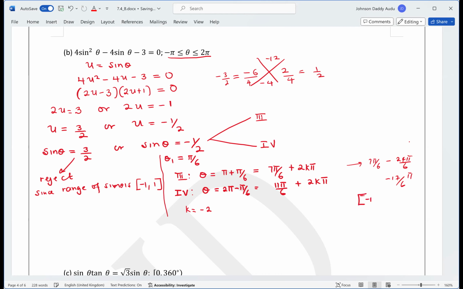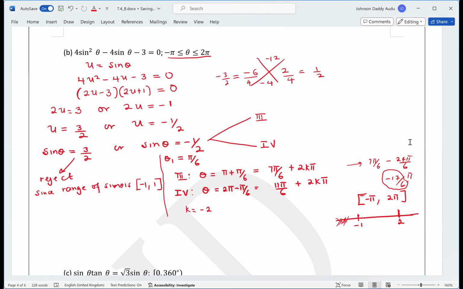The range we have is minus pi to 2 pi, right? So just consider it on a number line. The coefficient of pi here is minus 1, and the coefficient of pi here is 2. If you have minus 17 over 6, it is definitely going to be outside, so you don't have to include it.